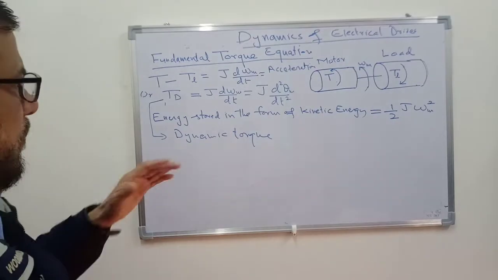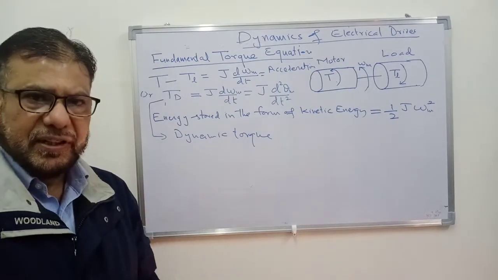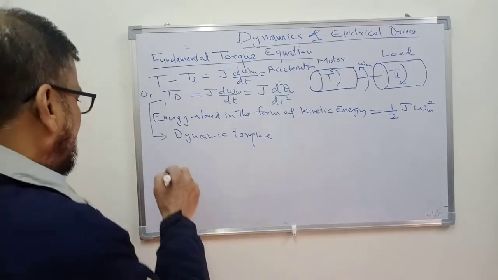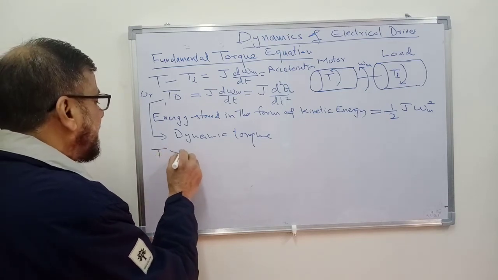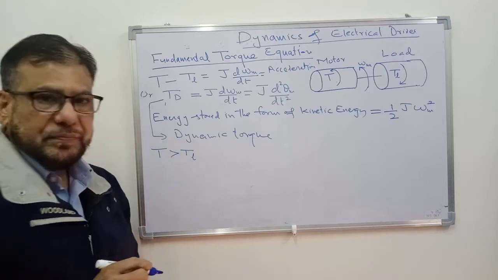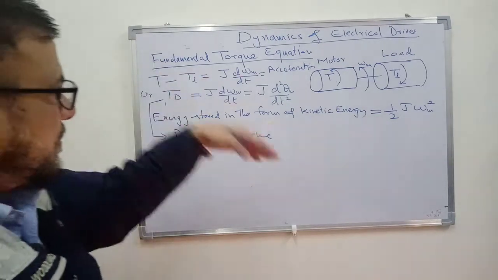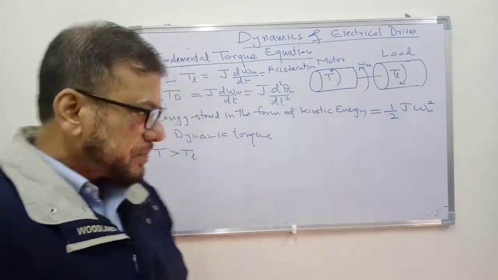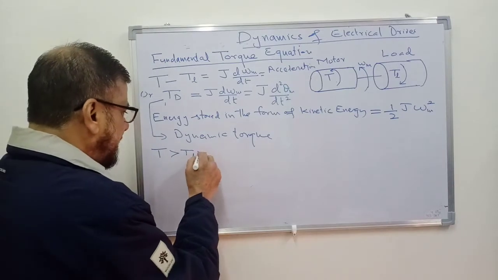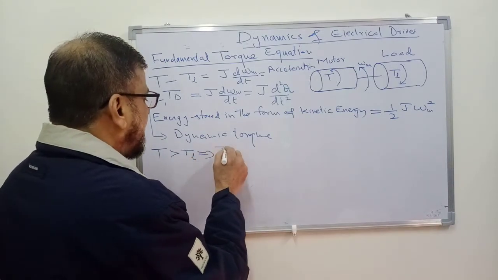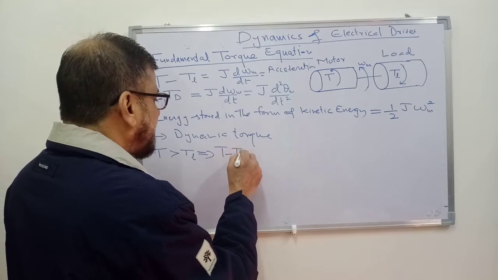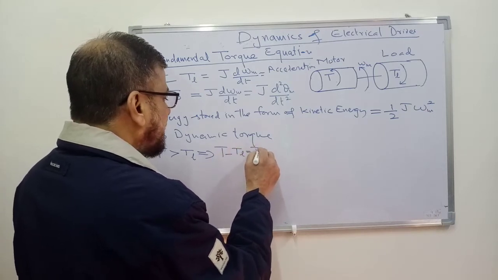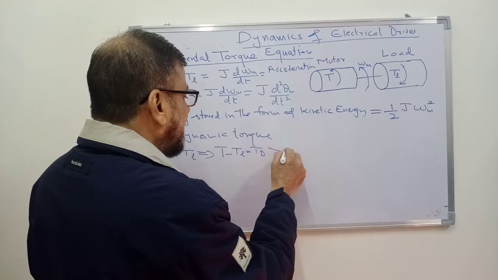Now let us see what are the different conditions that may arise here. Suppose T is greater than TL. The motor torque is more than the load torque. This implies that the dynamic torque, that is T minus TL, that is TD, is greater than 0.